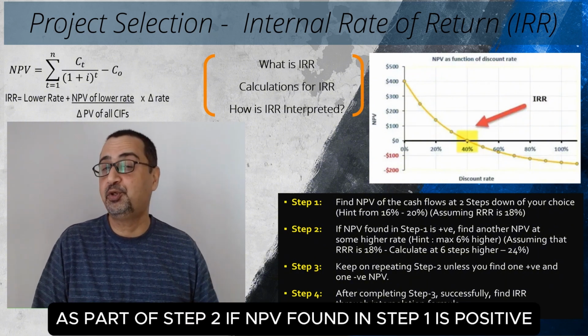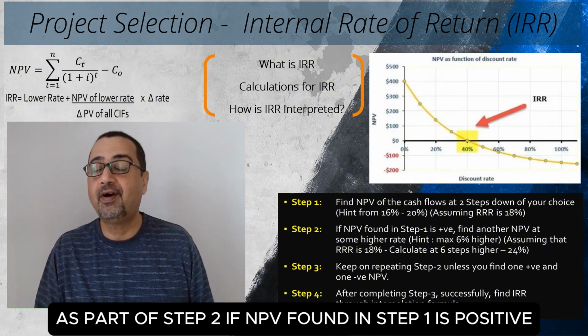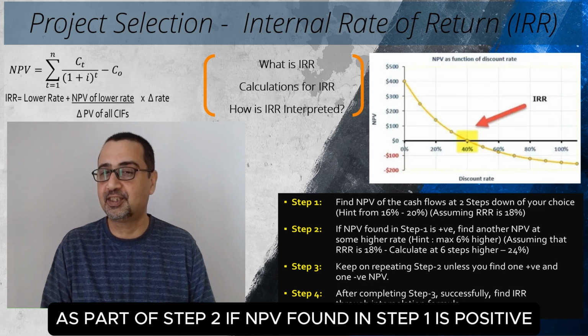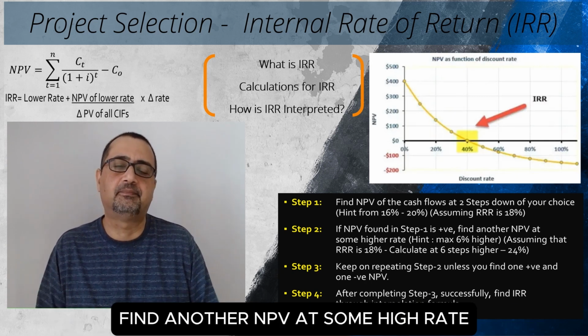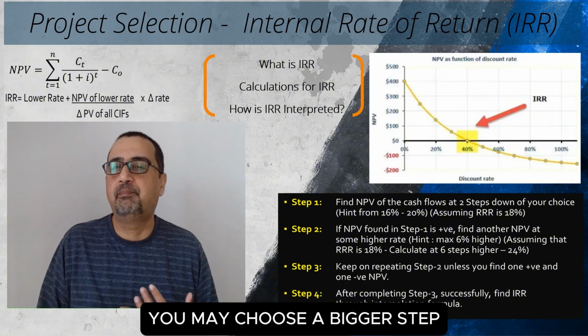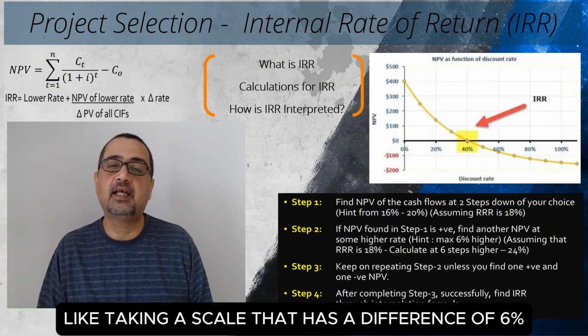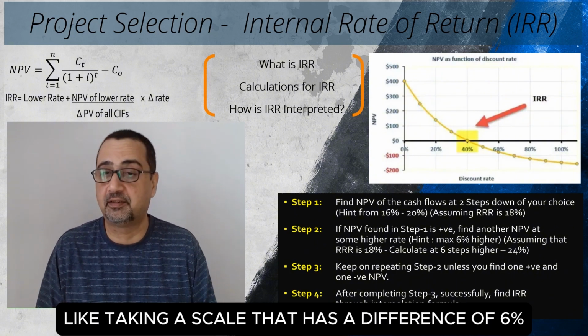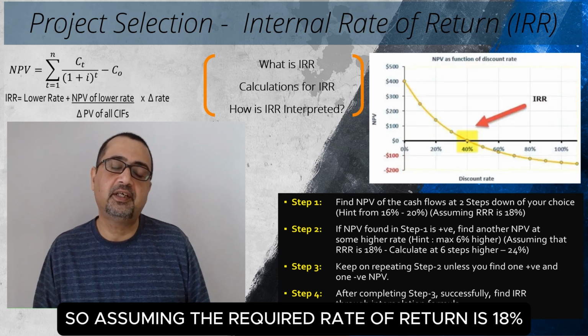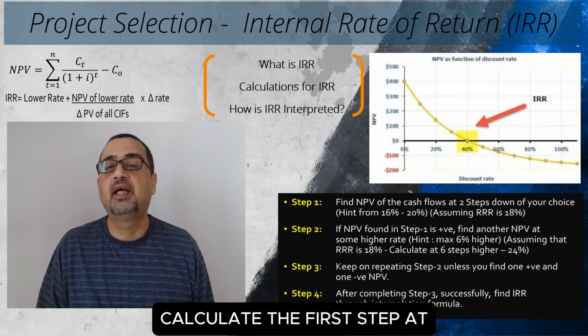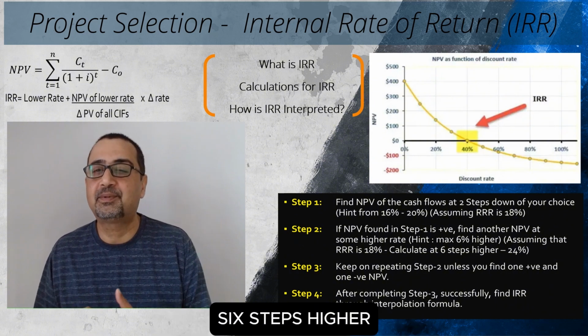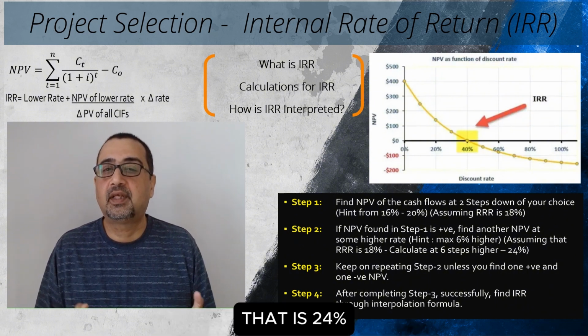As part of step 2, if the NPV found in step 1 is positive, find another NPV at some higher rate. You may choose a bigger step, like taking a scale that has a difference of 6%. So assuming the required rate of return is 18%, calculate the first step at 6 steps higher, that is 24%.